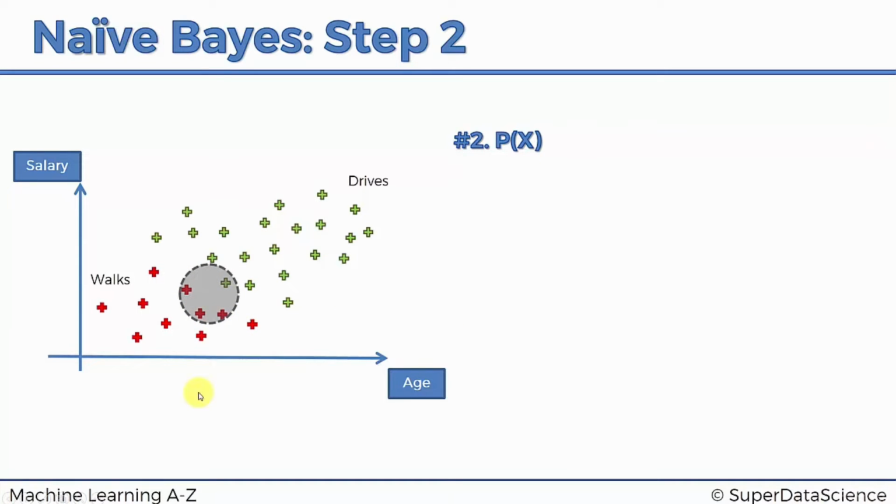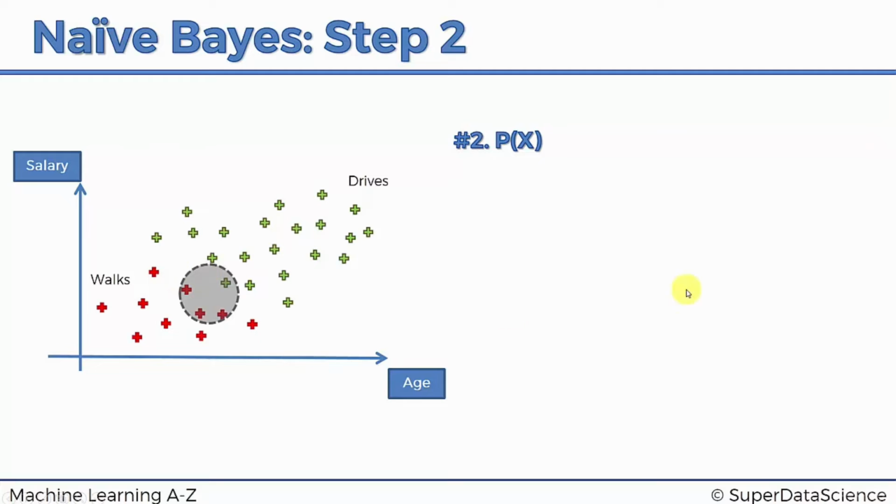Well, P of X is the likelihood that a randomly selected point from this data set will exhibit the features similar to the data point that we're about to add. And as we agreed, anything in that circle is deemed to be similar to our data point. Another way to think about it is, what happens if I throw a random data point into this data set right now? What is the likelihood that it will fall into the circle? What is the likelihood that it will exhibit features similar to the features of the point that I'm about to add into the data set?